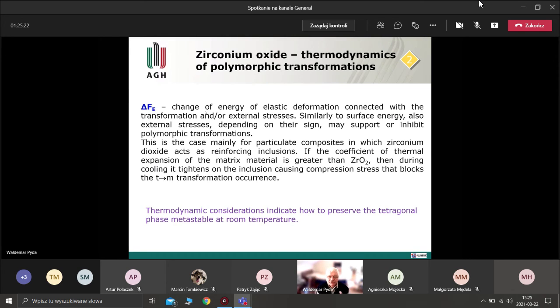Yes, the structure changes its volume, and to do that, some work must be done. And what are the sources? Okay, change of energy of elastic deformation connected with the transformation and external stresses. How to understand this? Transformation and external stresses.